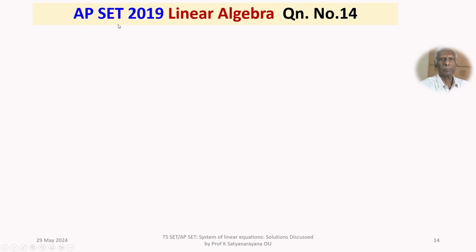That is the AP set 2019. The year of examination is 2019. It is question number 14, about a homogeneous system.